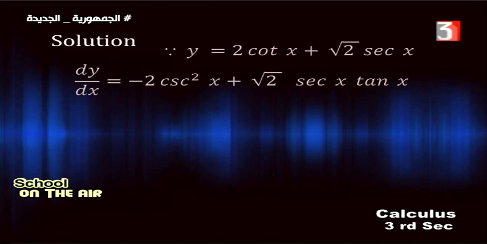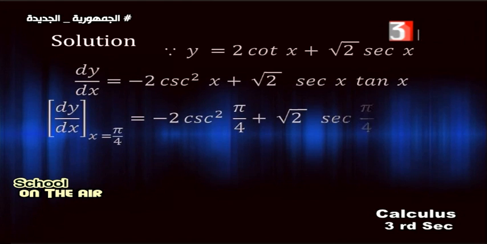Then the derivative of 2 cotan x plus root 2 sec x is negative 2 cosec squared x plus square root 2 multiply sec x tan x. The first derivative is the slope of the tangent to the curve of the function at x equals pi over 4.